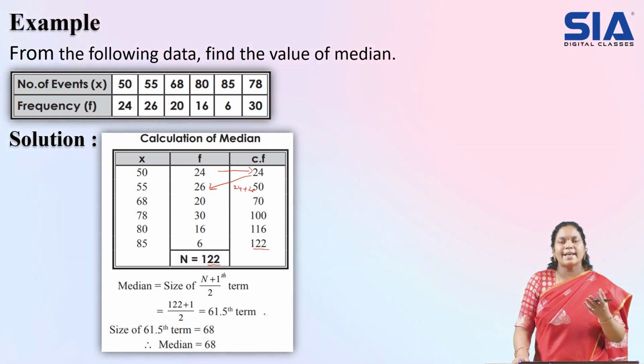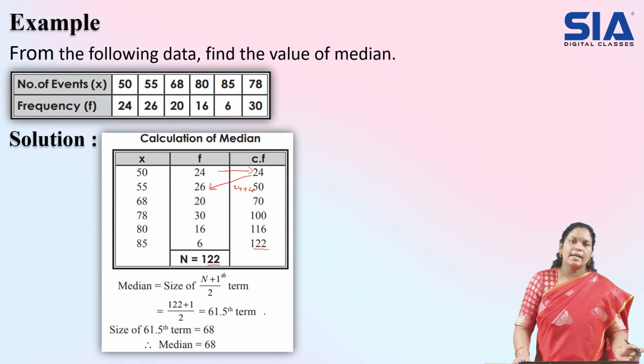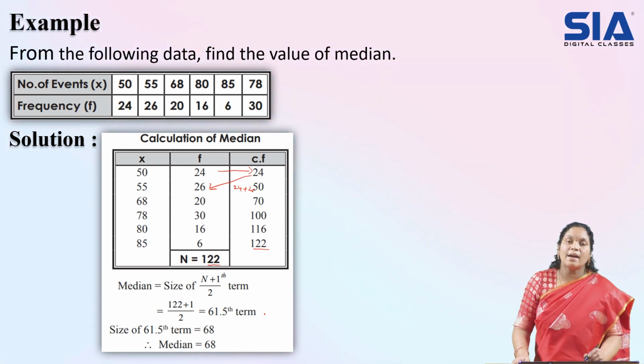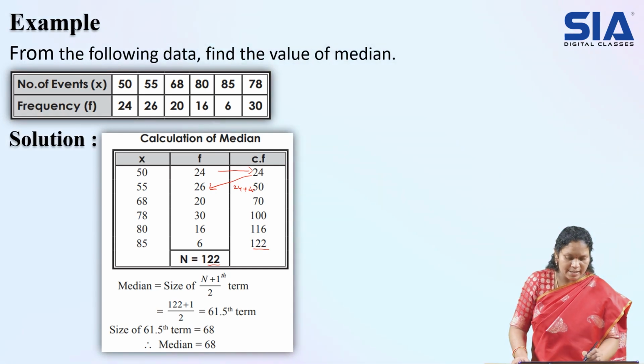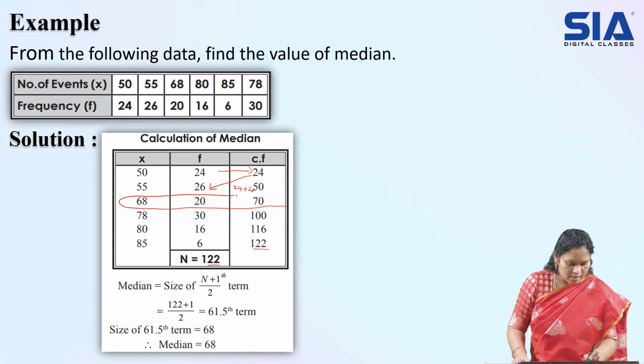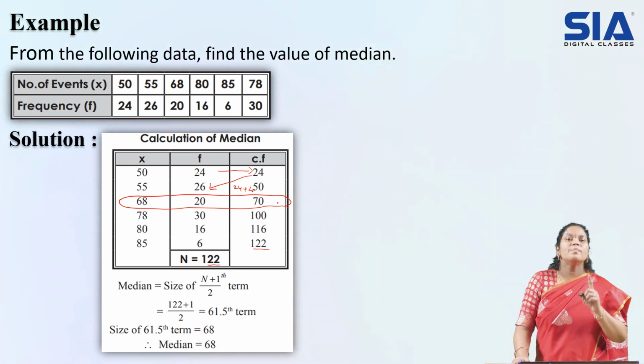If you don't have the exact value in the cumulative frequencies, then take the next highest. 61.5 we don't have in the cumulatives: 50 you have, 70 you have, but not 61.5. So go for the next highest, which is 70. So 70 becomes your median class, but 70 is not the median.